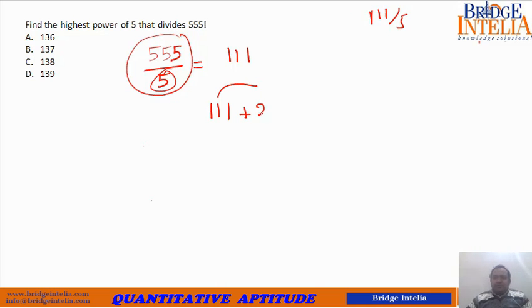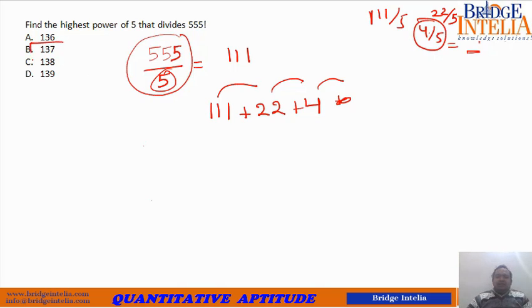So 111 divided by 5, 22. Now next number, 22 divided by 5, 4, because you have to ignore the decimal part. Next number, 4 divided by 5, so meaningless. Now the answer will be 0 because you have to ignore the decimal part. So stop. So 111 plus 22 plus 4, 137. So this is the final answer.